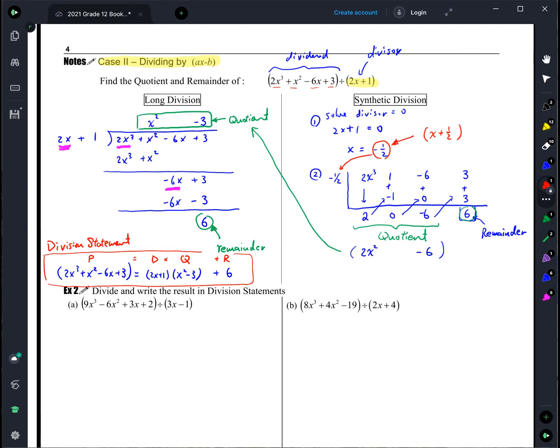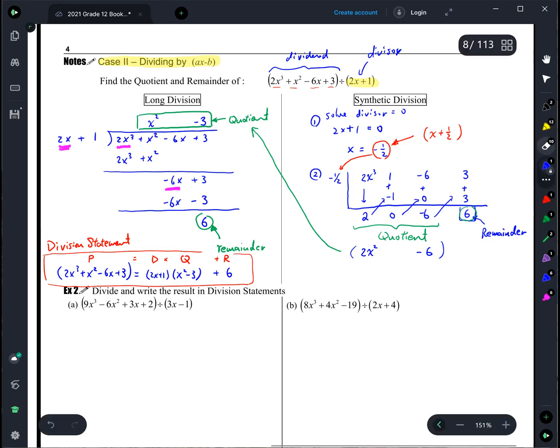That's why it becomes negative half. But in the real question here, it's actually 2x plus 1. So if it's x plus 1/2, then the division statement will look like this.